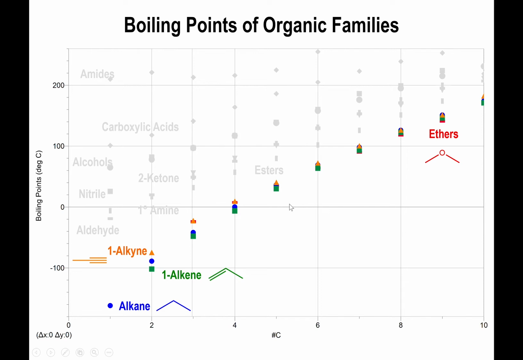But if you start looking carefully at each one of these data points, you notice something rather peculiar. In particular, notice how the ether family, which is the red squares here, starts kind of high initially, on par with the alkynes. The alkynes and the ethers initially are kind of the highest, but as we go into higher amounts of carbon, the ether starts dropping down until ultimately it ends up being the one with the lowest boiling point.